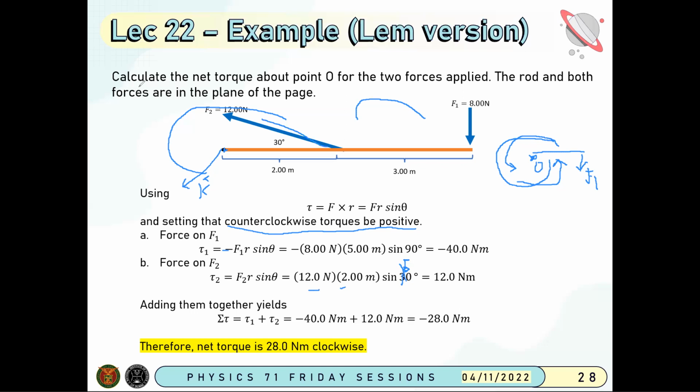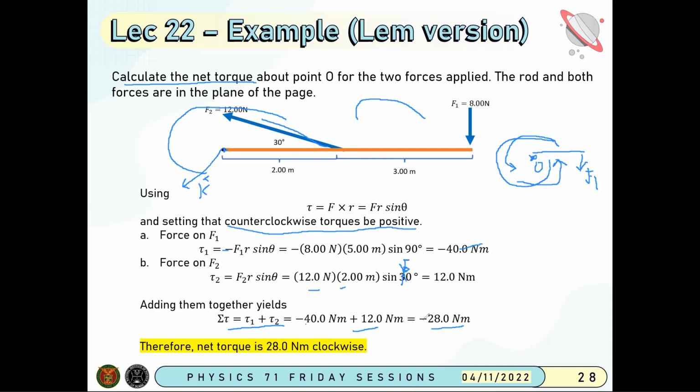And then, to find the net torque about this point O of two forces or of multiple forces, we just have to take the sum. Torque 1 plus torque 2. So, negative 40 Newton meters plus 12 Newton meters will yield negative 28 Newton meters.